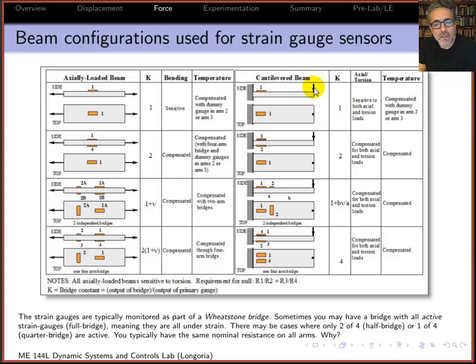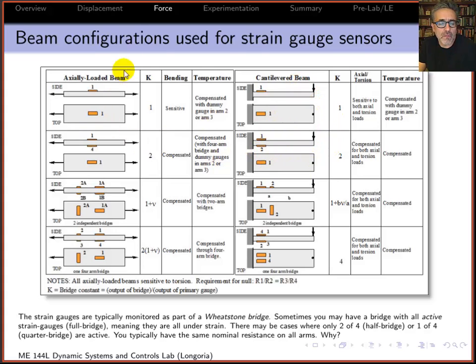And let's say you only wanted to measure this tip load, only the bending strain, then that would not work very well. Also, it could only be compensated for temperature, which is an issue. As temperature changes, we know resistance changes, so you need additional strain gauges in the bridge to compensate for that change in strain. Okay, very subtle.